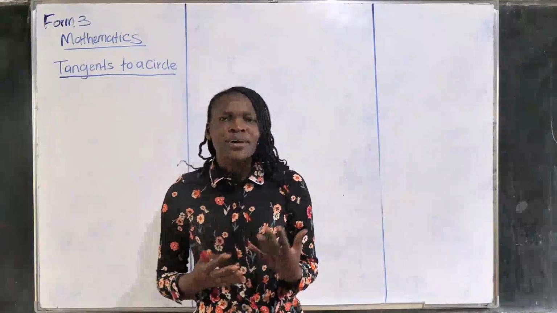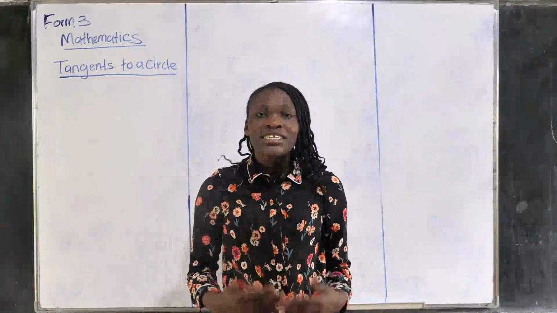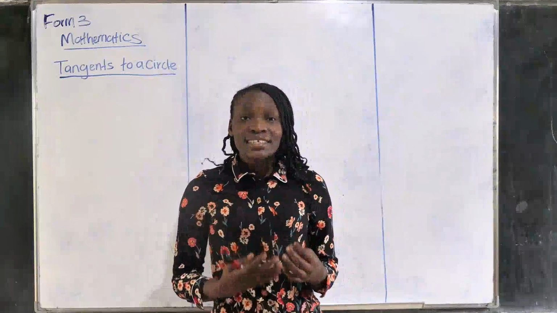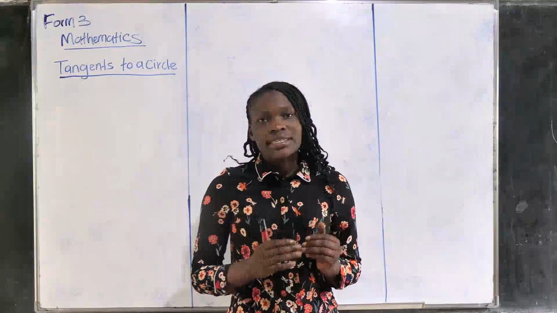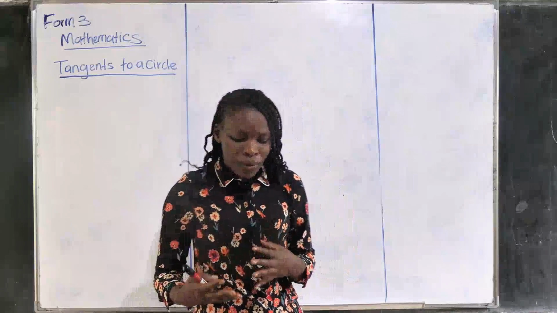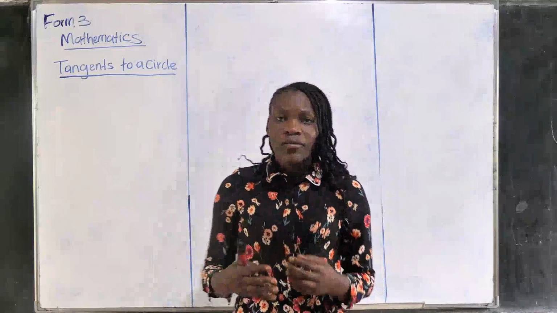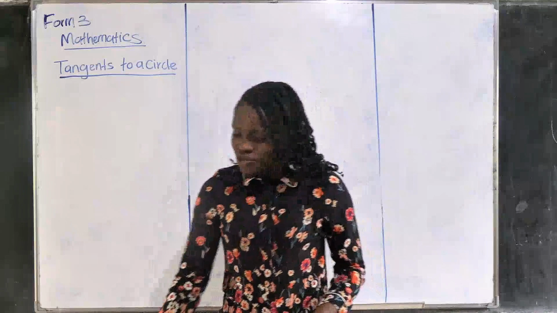Tangents to a circle. Let's remind ourselves, what is a tangent? A tangent is a line that cuts at one point of a circle. For example, let us draw.